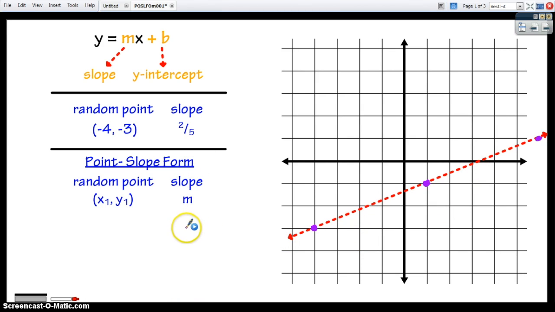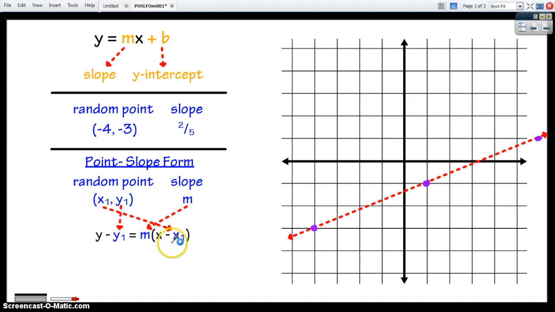This is what's called point-slope form. y minus y1 equals m, the slope, parentheses, times x minus x1. Now notice the minus signs.